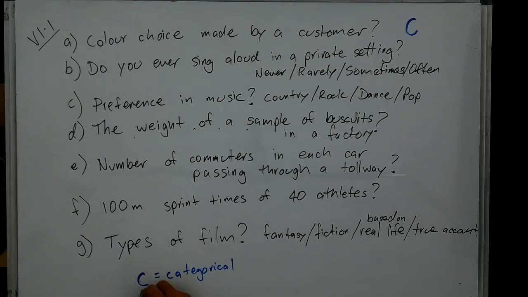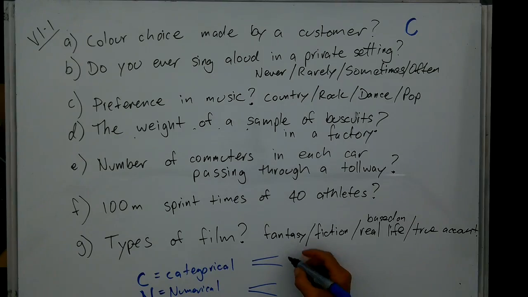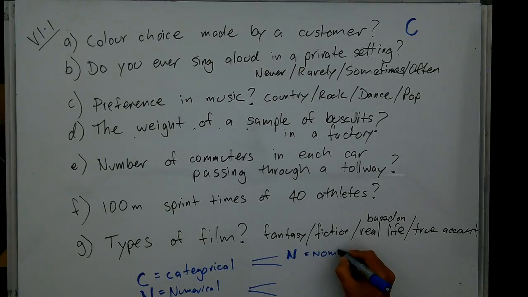Categorical, N is numerical, and then we've got two options for each of these. So we have N for nominal, O for ordinal.